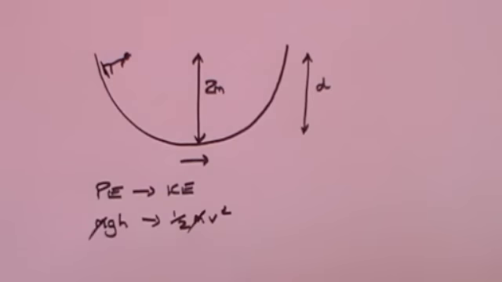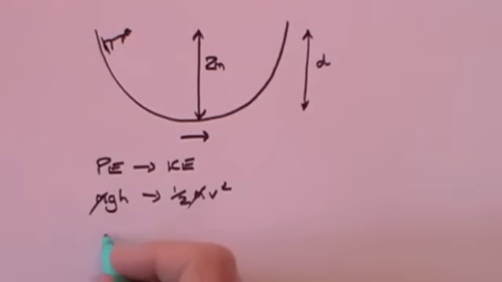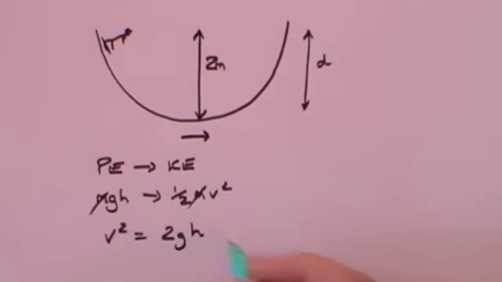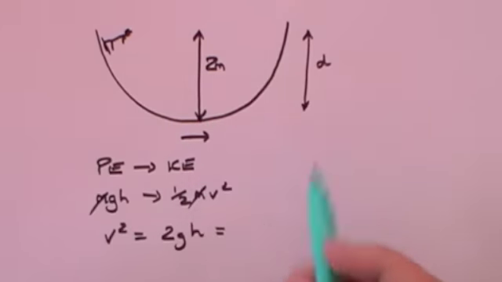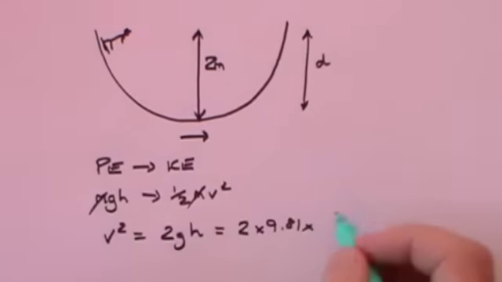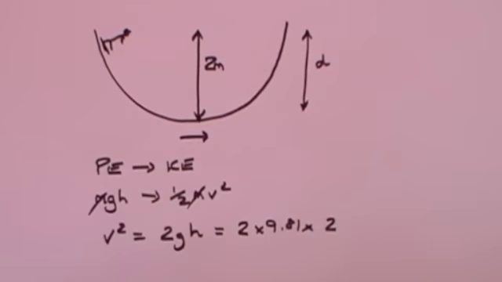The m's cancel, and you're left with v squared equals 2gh. At the lowest point, that will be 2 times 9.81 times the height, which is 2 meters. And that will give you a velocity of 6.26 meters per second.